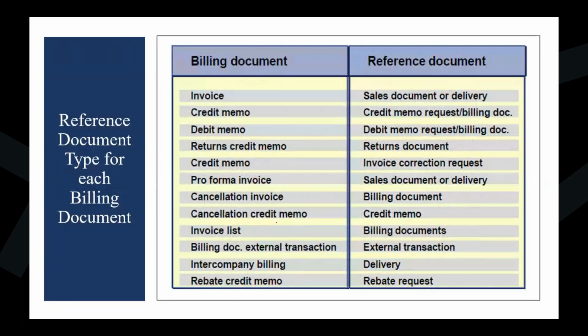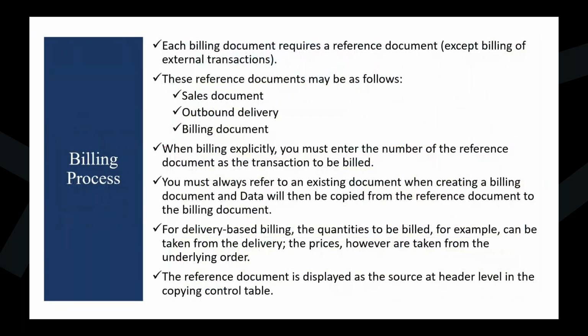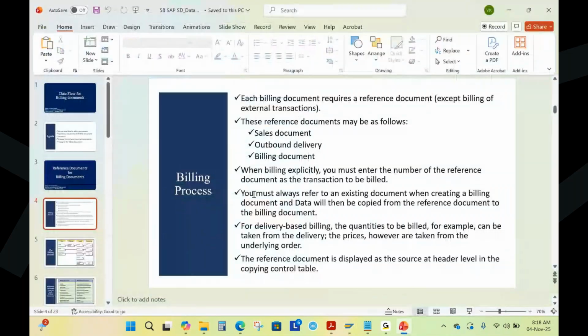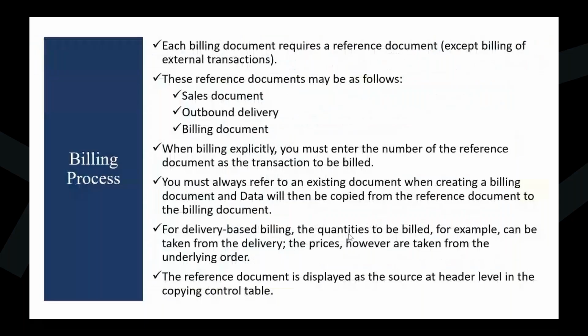Okay, so let's continue. When billing explicitly, you must enter the number of the reference document as a transaction to be billed. So when you are doing billing using VF01, you need to enter the reference document number on the screen. Then you have to proceed. You must always refer to an existing document when creating a billing document, and data will then be copied from the reference document to the billing document.